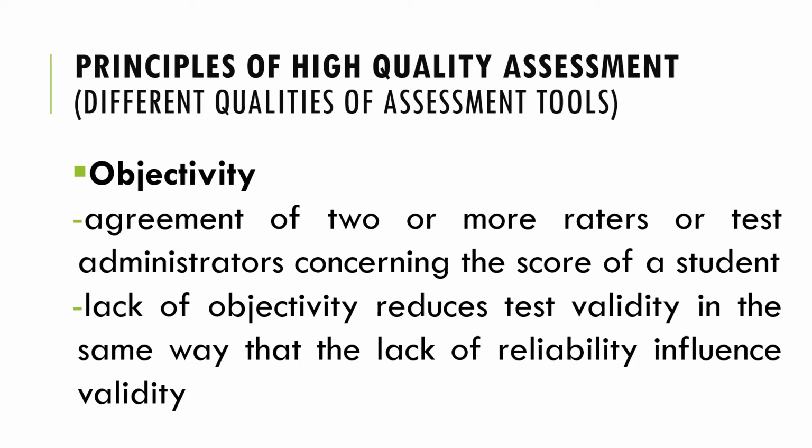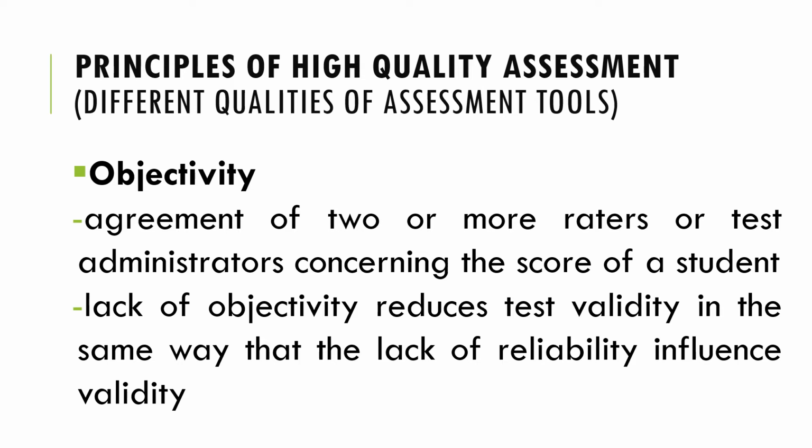If there is no objectivity, it reduces the validity of the test, because probably it is not appropriate. In the same way, if the test is not valid, it also lacks reliability. So that is when it comes to the concept of objectivity.